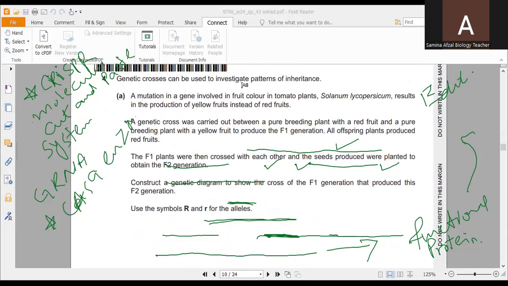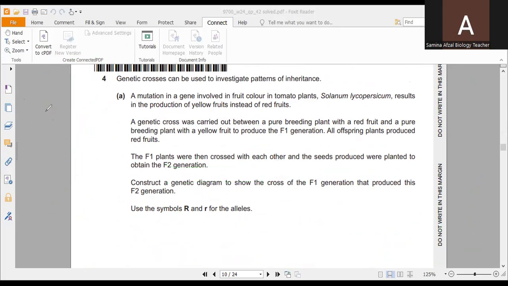Now, question number 4. Genetic crosses can be used to investigate patterns of inheritance. A mutation in a gene involved in fruit color in the tomato plant, Solanum lycopersicum, results in the production of yellow fruits instead of red.